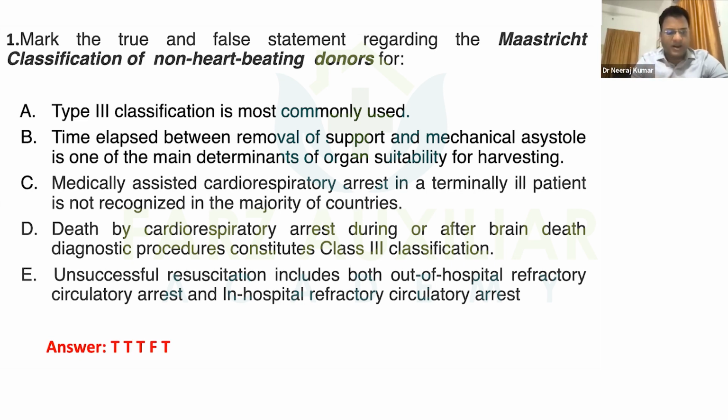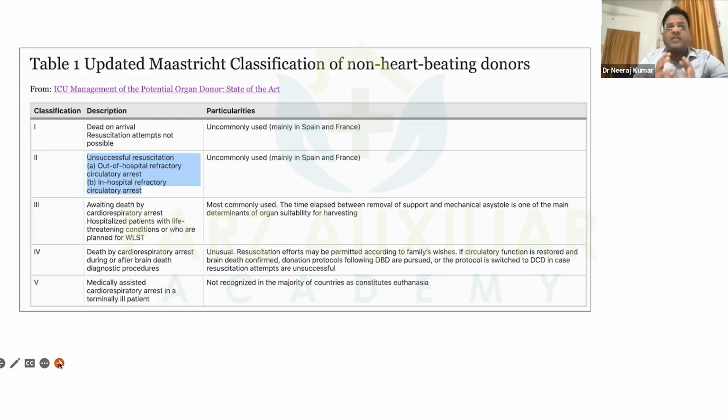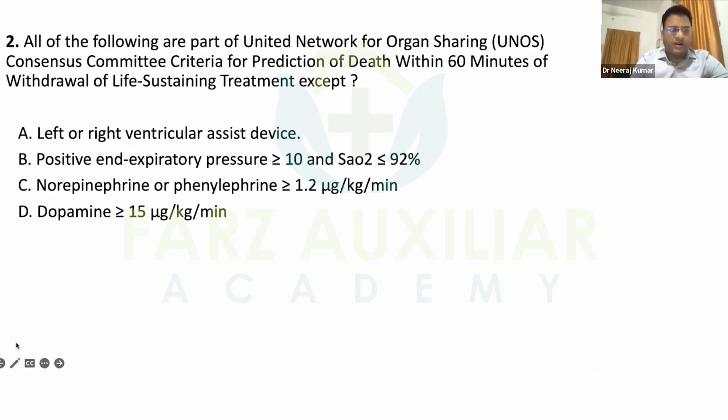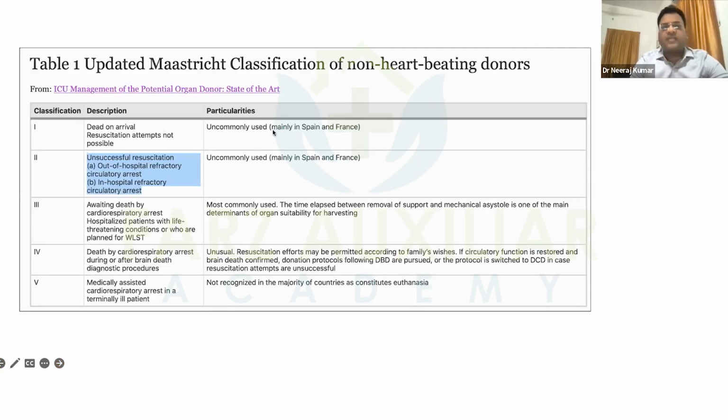But for better understanding, I will show you this next part. Here is the updated Maastricht classification for non-heart beating donors, in which one part gives the type of classification, the second part the description, and the third part the particularities. I made the MCQ using this table only.